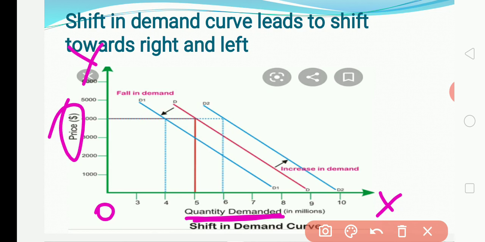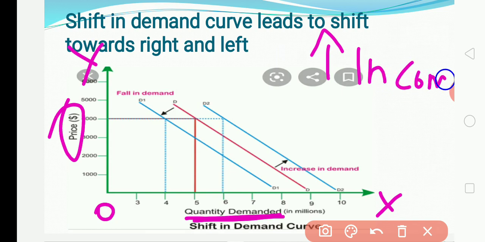So here the red line is representing the original demand curve. And suppose there is an increase in income, if the income increases, what will happen means the demand curve shifts upward, D2.